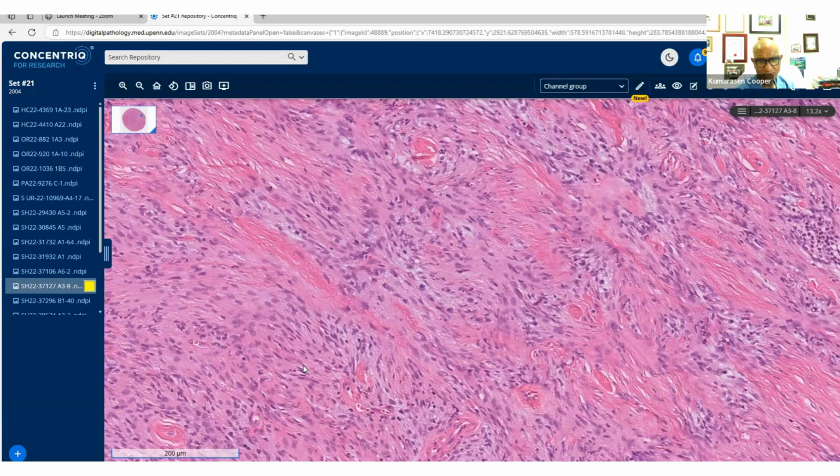So the simple way to rule in or rule out nerve sheath is to do the S100. I always like to do them in pairs, so I do the S100 and SOX10 to cover both those options. This tumor is negative for both S100 and SOX10. By the way, it's also negative for MUC4, which we've mentioned, and ER and actin as well. So as I'm going through, those are negative markers as well.